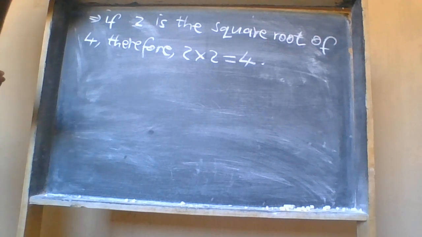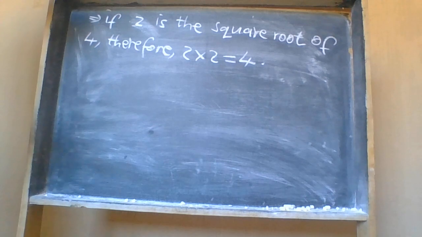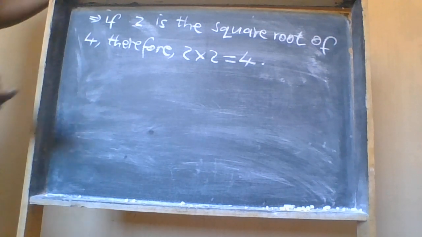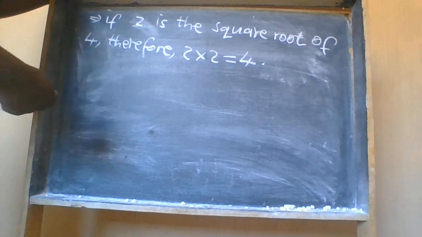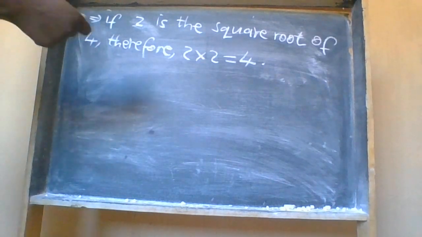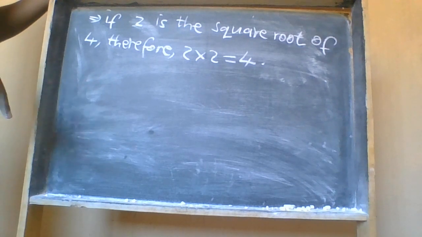The square root of a number is that factor of a number which, when multiplied by itself, gives the original number. This is just like the first example I gave: 2 times 2 gives us 4. So the square root of 4 gives us the original number, and what is that number?